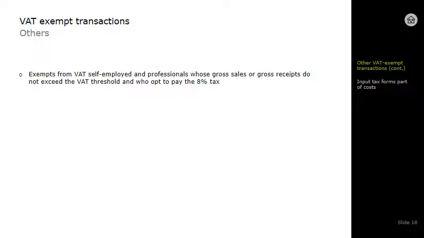Okay? And then, so I think I have now come to the end, no? Almost end of this discussion. But let me provide you with another, so recap. So, ang rule natin, remember this, the rule is sale of goods, sale of services in the course of trade or business and importation are vatable, except those which are enumerated under Section 109 of the Tax Code, which enumerates exemption from the VAT.